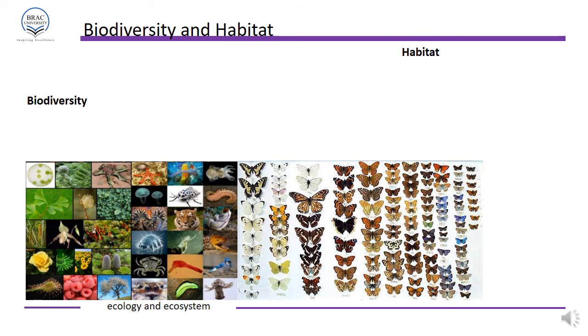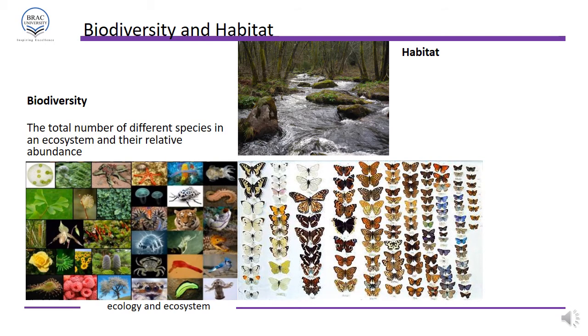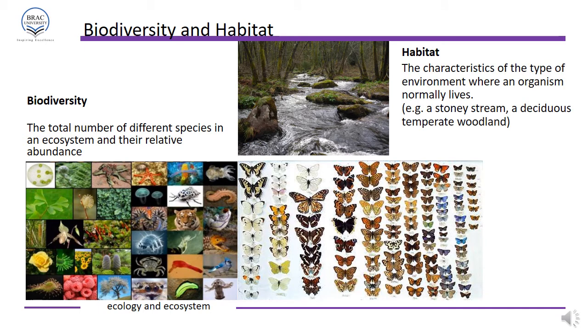Then it's important also to understand what biodiversity is and what habitat is. Biodiversity is the total number of different species. It's not a single species or group of single species, it's rather the total number of different species in an ecosystem and their relative abundance, and how they are interlinked and coexist together in a given space.